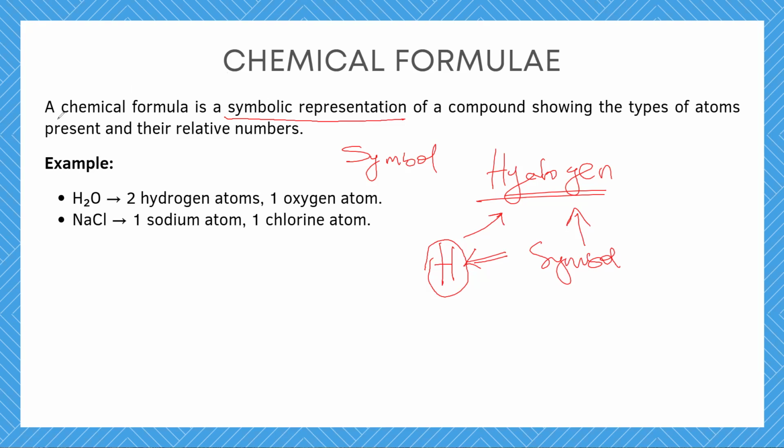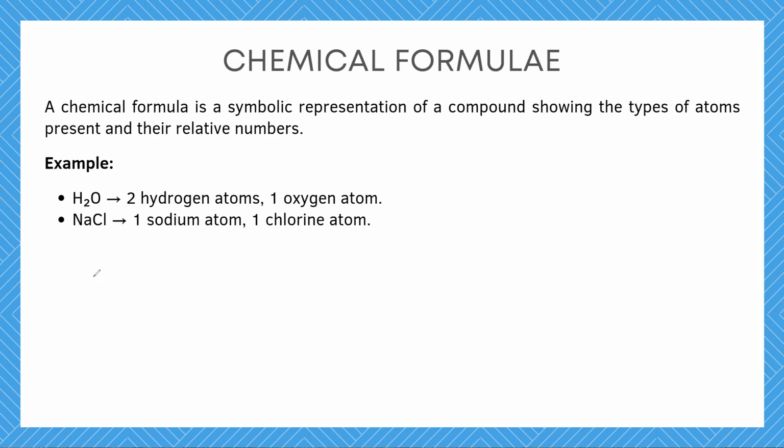So a chemical formula is a symbolic representation of a compound showing the types of atoms that are present and their relative numbers. Do you know what a compound is? Um, no, I kind of forgot that. All right, beautiful. I'm going to be refreshing your memory, okay? A compound is simply something that is formed when two or more elements are joined together.